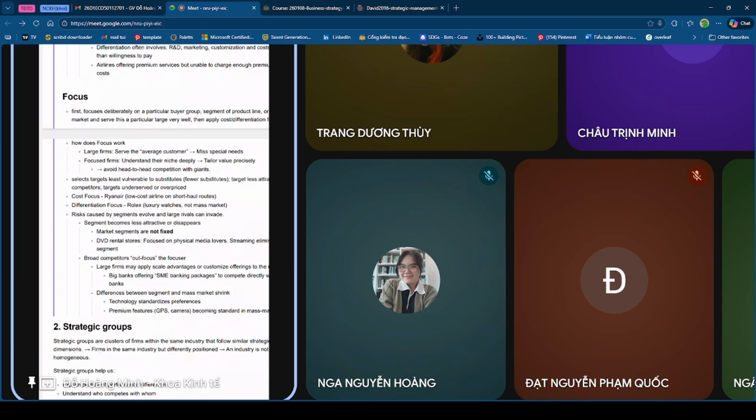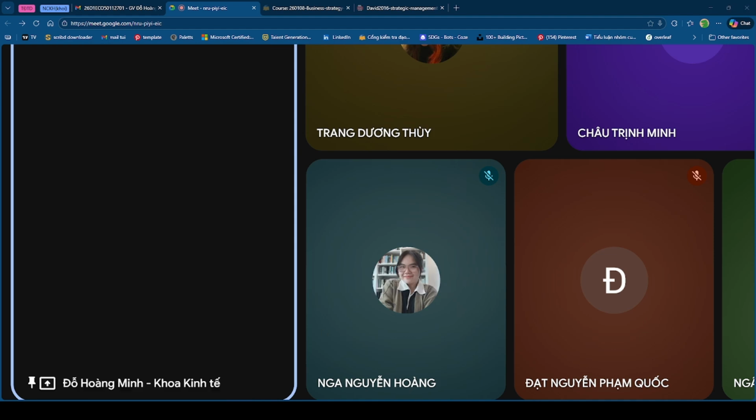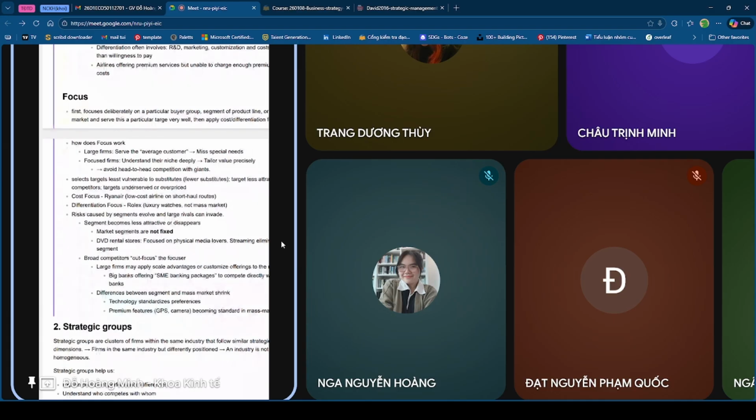On the other side, you can narrow your operation, narrow your choice. You just focus on some market segment, or you can focus on one product line rather than many product lines.